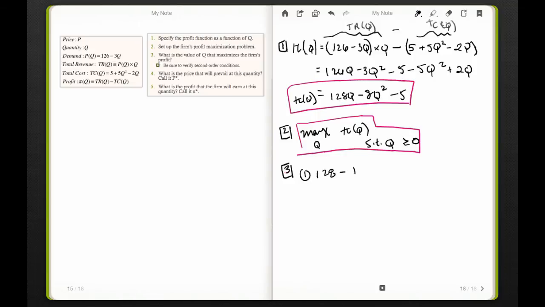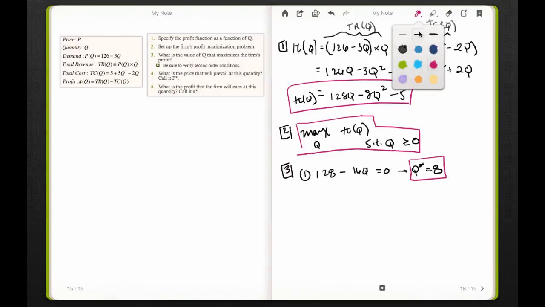That's 128 minus 16Q equal to 0. And this yields a Q star equal to 8. So the quantity that maximizes profit, or should maximize profit, is 8. So let's put a box around this.